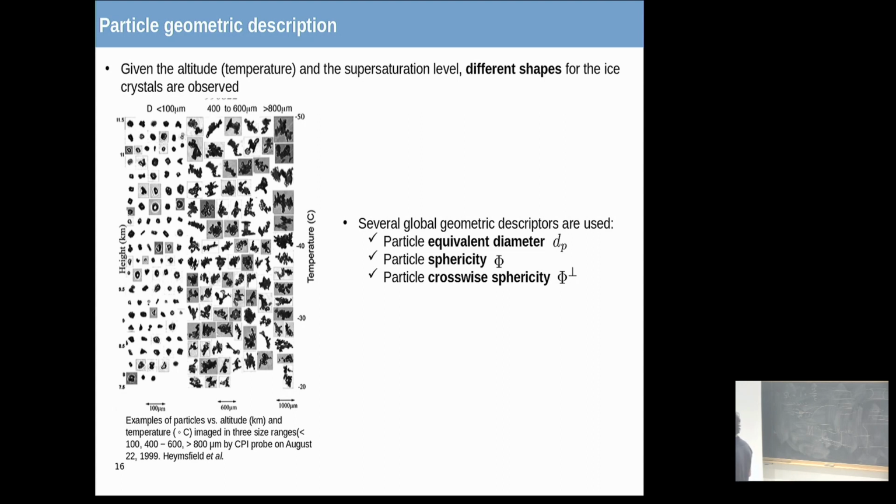And as I said to you, the industrial partner asked us to minimize the number of geometric descriptors for the parameters. We retained three: first, the particle equivalent diameter, the particle sphericity, and the particle crosswise sphericity. And from these three parameters, we should be able to adapt all the models from classical droplets, I would say.